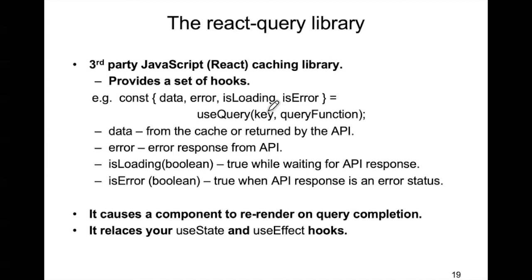Now, the React Query library, let's bring this in relation to the TMDB or our movies app now. The React Query library doesn't know anything about TMDB or how to communicate with TMDB. So the second argument to this hook is going to be a function, and that function is what we implement, and it will contain the code necessary to make the HTTP request to the backend for the particular piece of data.